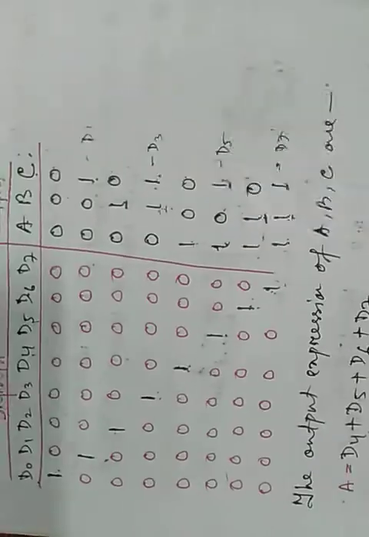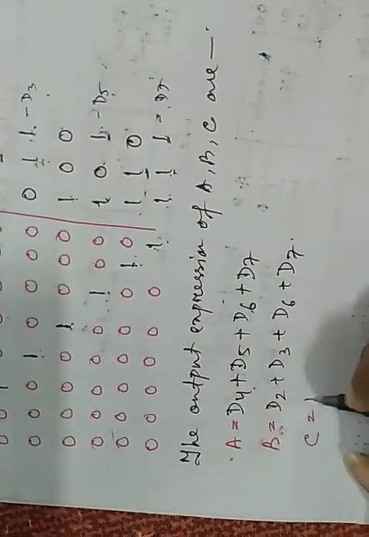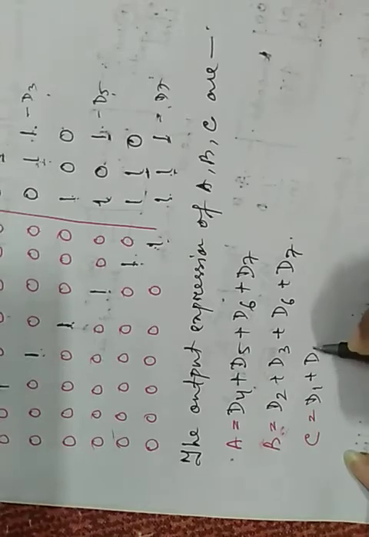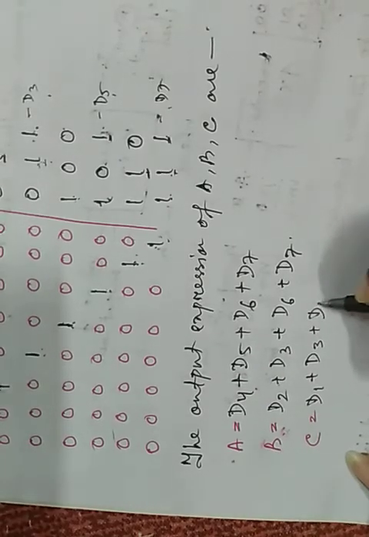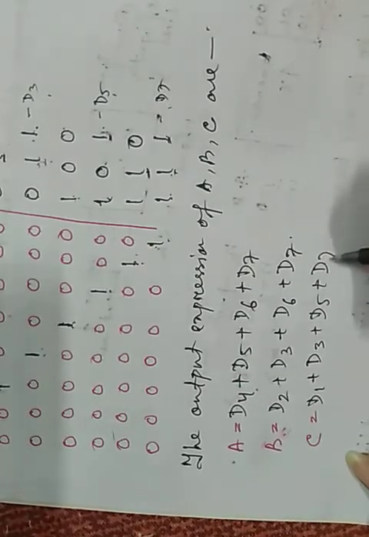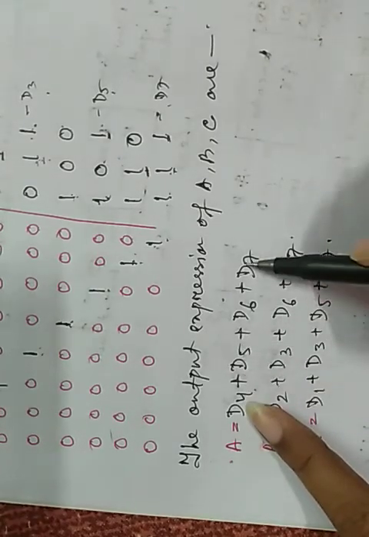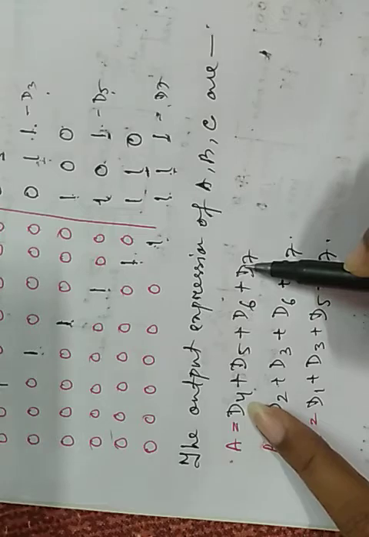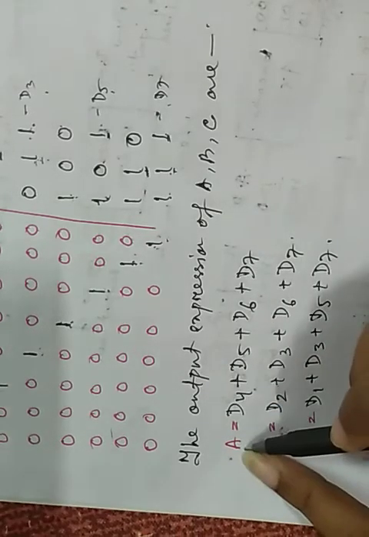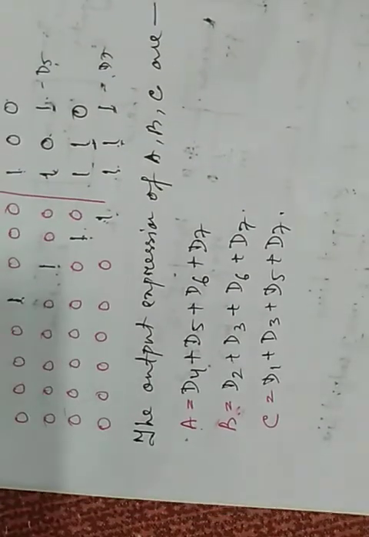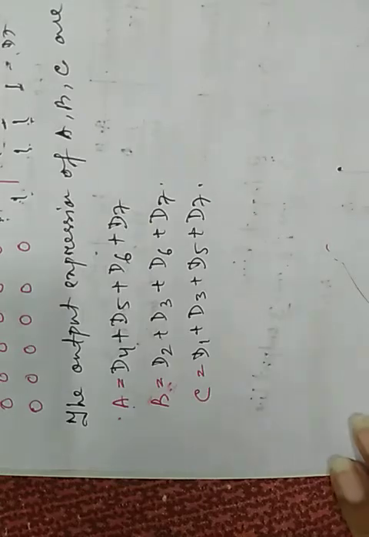So our summation is D1, D3, D5, D7. Okay. So as every input signal has its OR operations, that means if any one of these values is high, then C will be high. Now let us draw the circuit diagram.